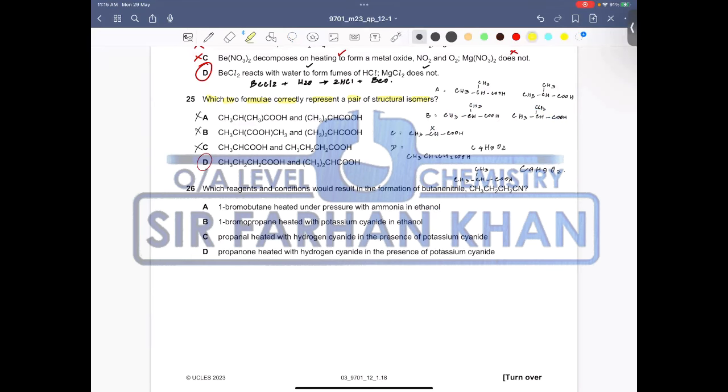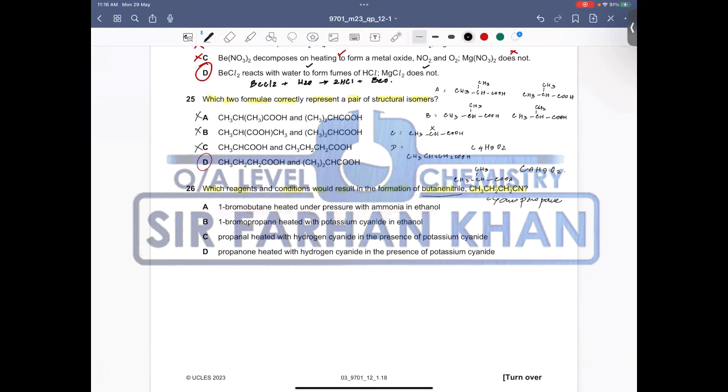Question 26. Which reagent and conditions would result in the formation of butane nitrile, also called cyanopropane? First option: 1-bromobutane heated under pressure with ammonia in ethanol.